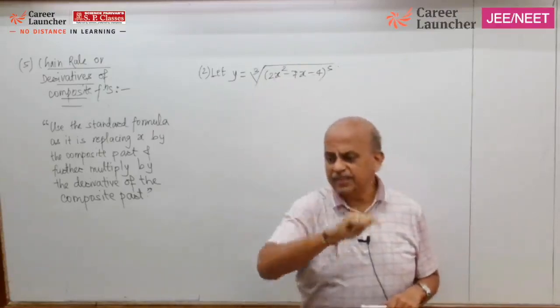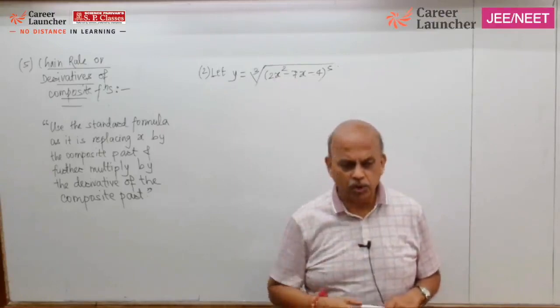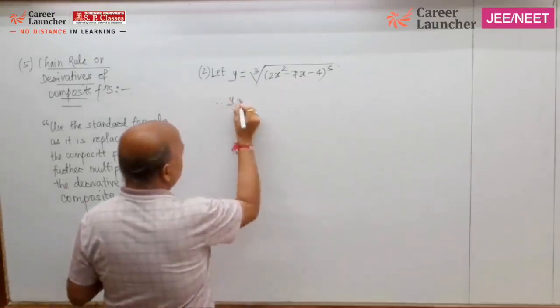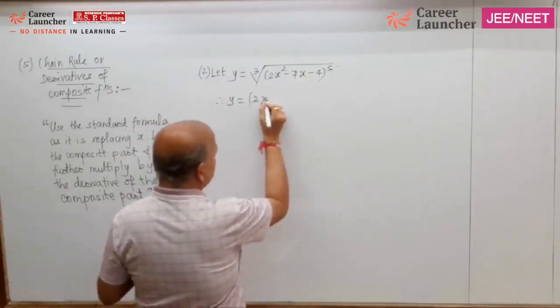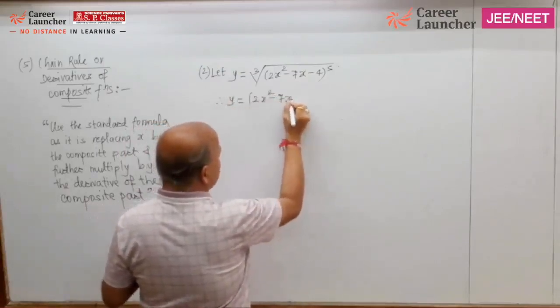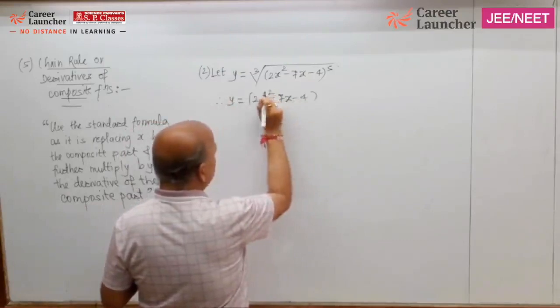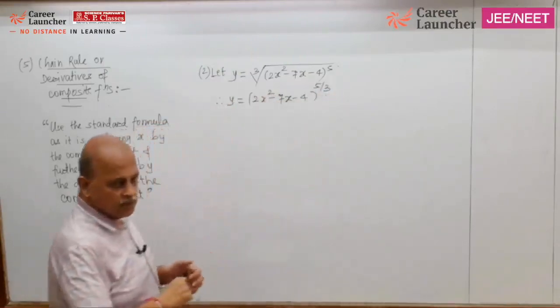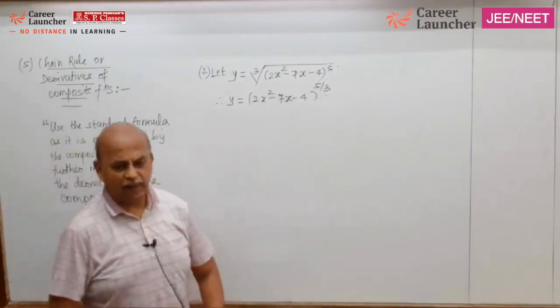Cube root of x raised to p is x raised to p upon q. Okay? So y is equal to 2x square minus 7x minus 4, please concentrate, raised to 5 upon 3. So we have simplified this particular function.